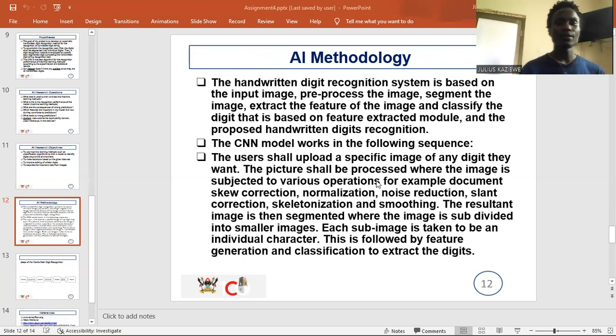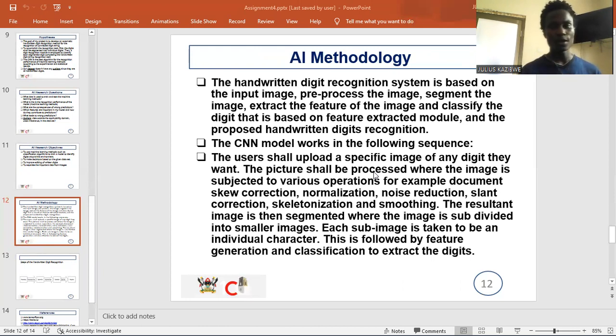Our methodology here really isn't complicated. It's very easy to understand and interpretable. Everyone can understand what's going on with this model. It's based on the user inputting an image. We process this image, and then we segment.